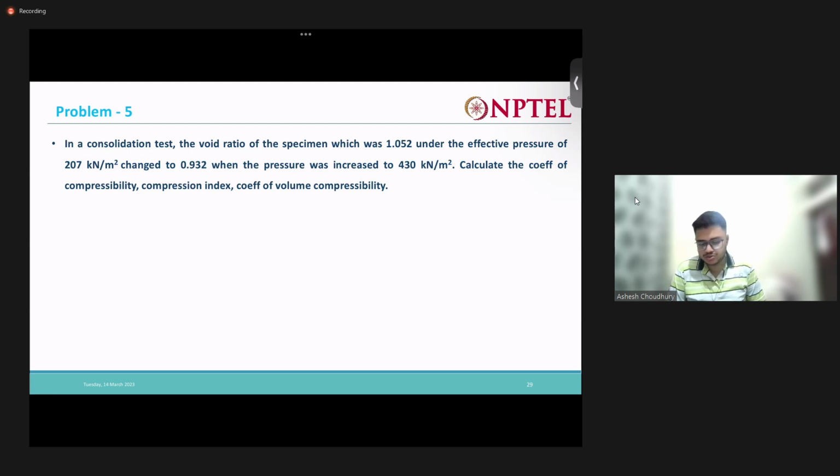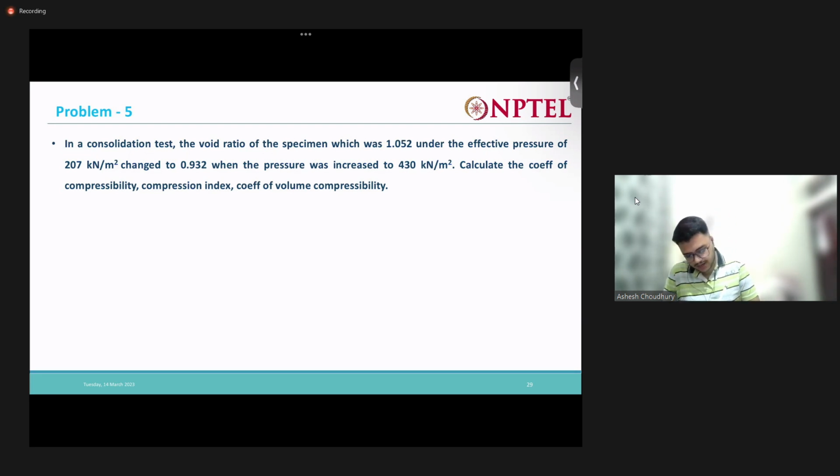And the void ratio reduced to 0.932 when the pressure was increased to 430 kilonewton per meter square. So as we increase the pressure, this void ratio reduced. Now we need to calculate the coefficient of compressibility a_v, compression index C_c, and coefficient of volume compressibility m_v. So these three parameters we need to calculate.